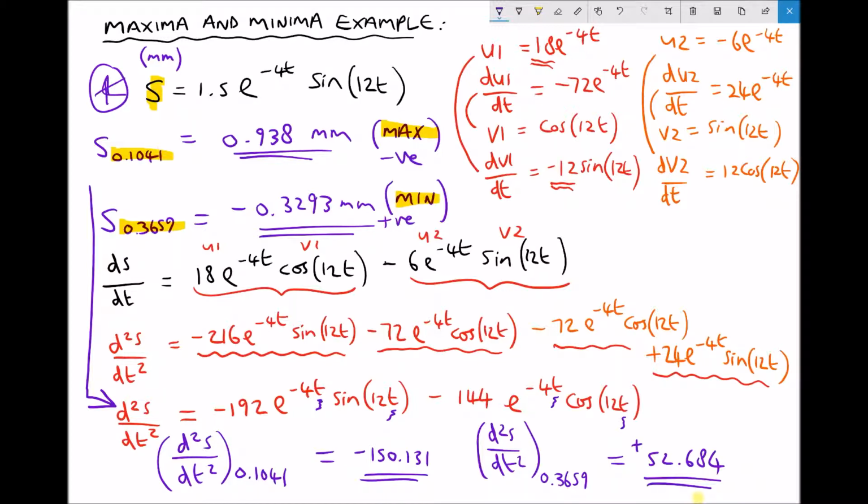Once we had the displacement at each of those turning points, we then found the second order derivative, noting that if the second order derivative is negative, then we have a local maximum. And if the second order derivative is positive, we have a local minimum. We've also observed the function on the graph in order to validate each of our calculations.